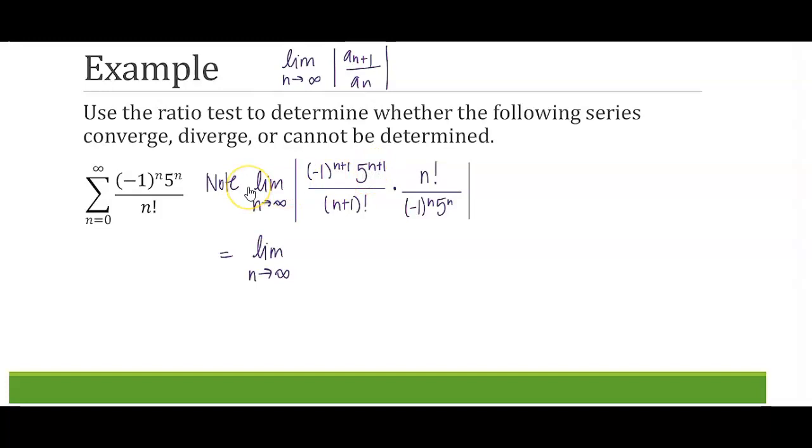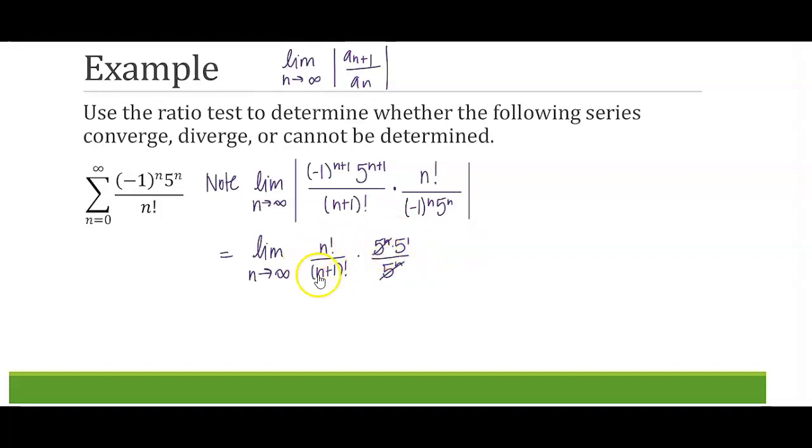I'm going to put the n factorial above the n plus 1 factorial, and I'm going to write 5 to the n times 5 to the 1 over 5 to the n. So I dropped the absolute value bars along with the alternating pieces, swapped the numerators, used the commutative property, and rewrote 5 to the n plus 1 like I did in the last example. So now here the 5 to the n's are going to cancel out.